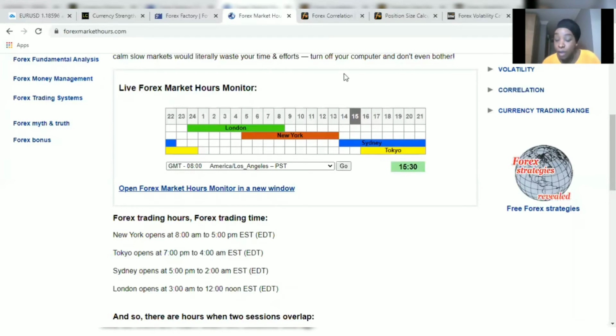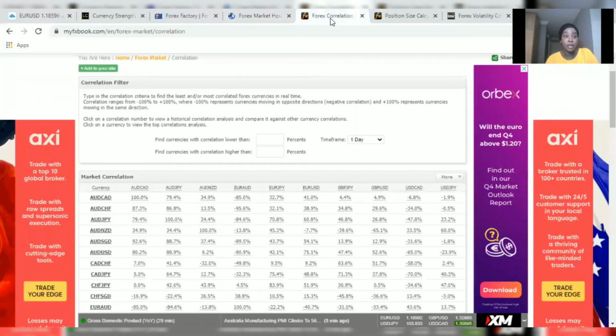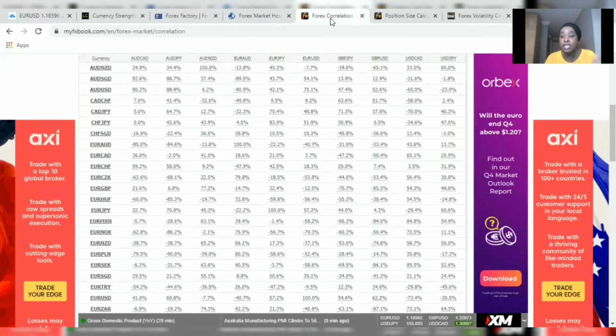Another thing that I found out very recently, and I found it very, very useful, is this website called myfxbook.com, and it has very many free tools within it. And something that I found out the other day is something called correlation within this website, okay? This is a tool that literally tells you whether similar currencies are moving in the same direction. So it's usually on a scale of plus 100 or minus 100.